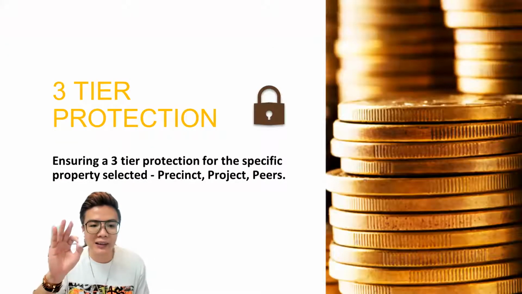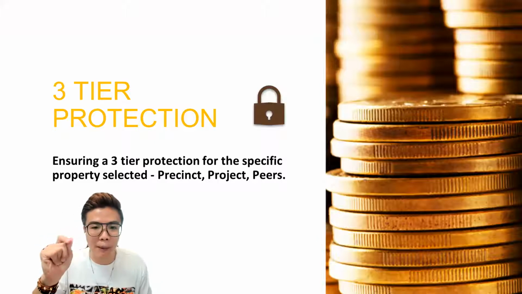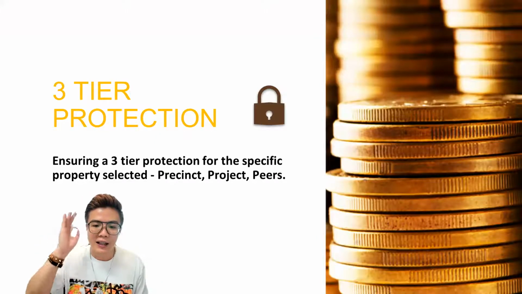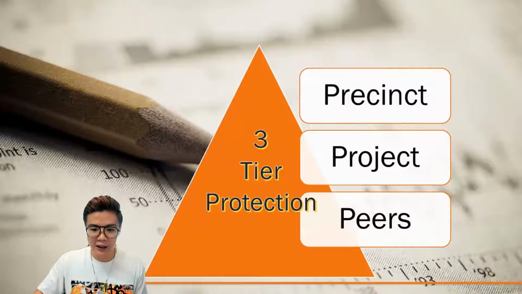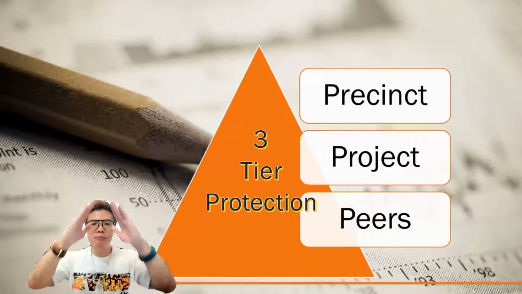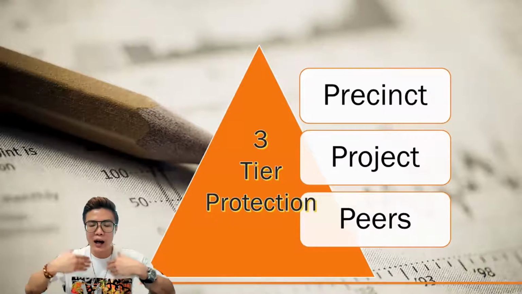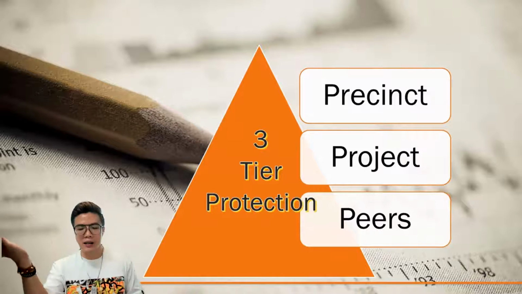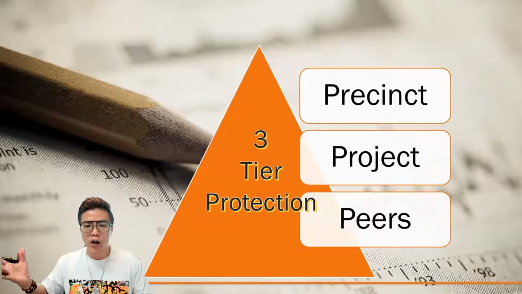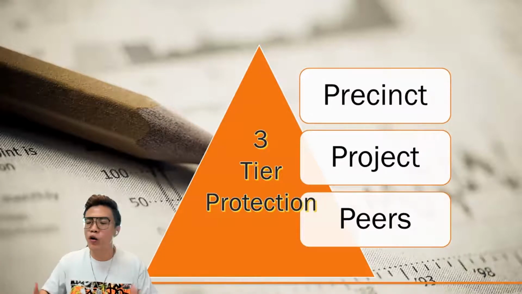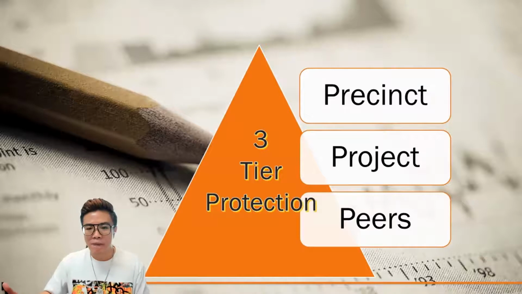The 3-tier protection when it comes to choosing a property will be, first, the pristine. Let me go into the chart. The pristine means the district. Which district has the most potential today? If you asked this question 15 years ago, nobody would have expected the Marina Bay area to flourish the way it is today.